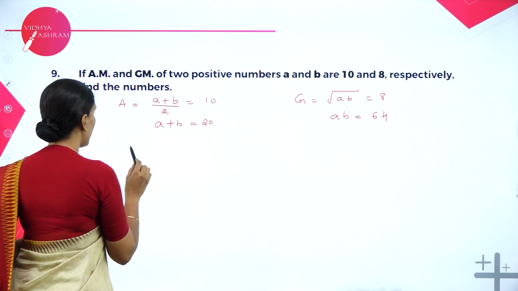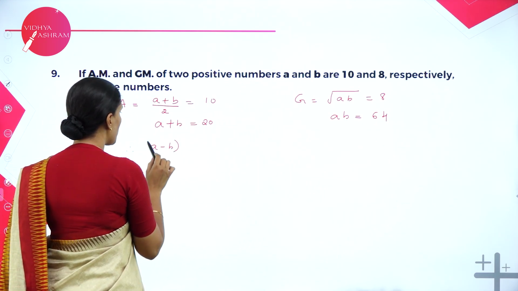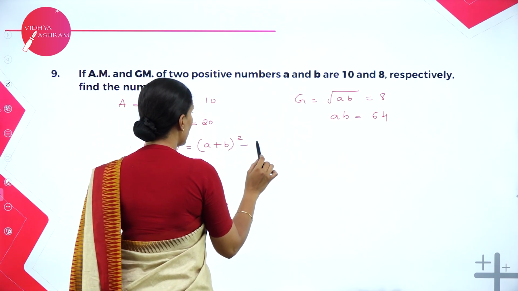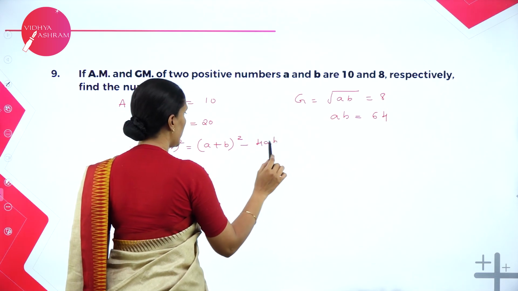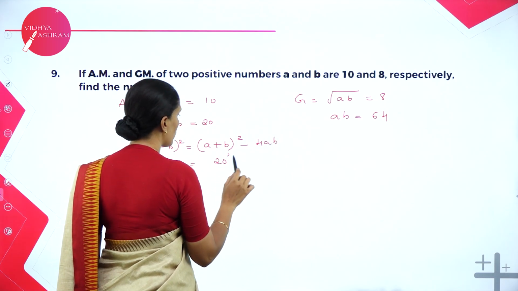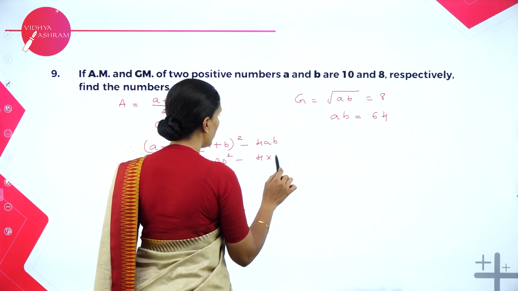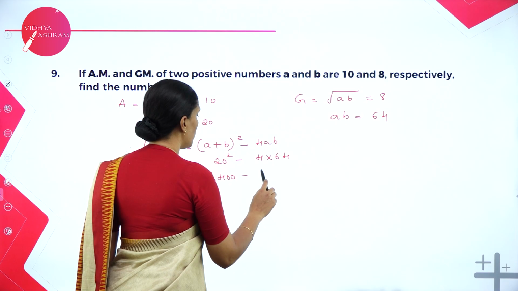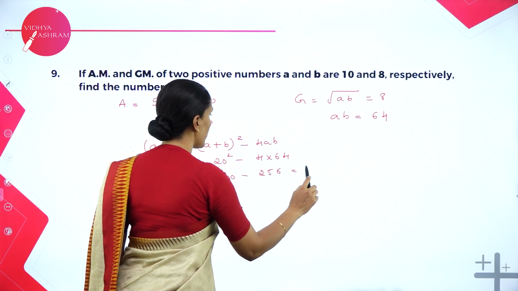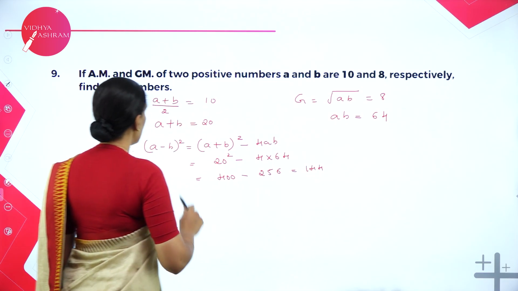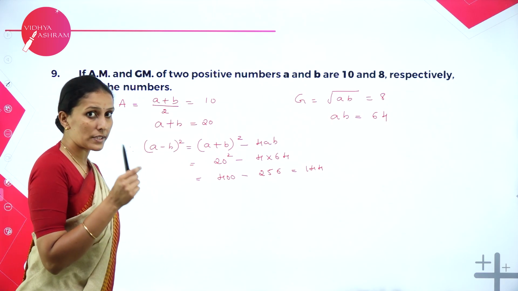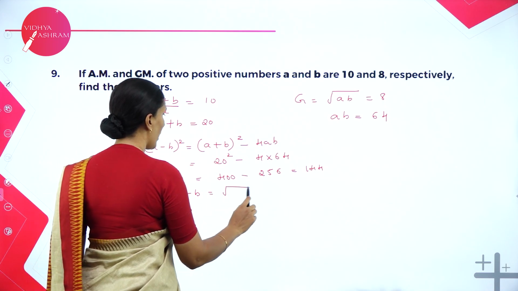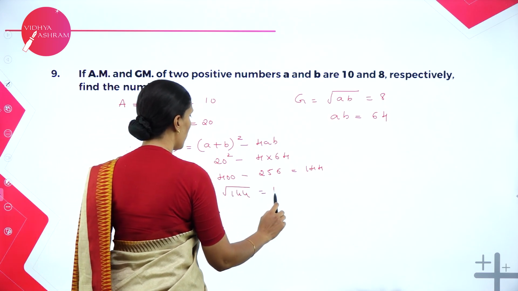We know the relation that A minus B whole square is equal to A plus B whole square minus 4AB. A plus B whole square is 20 square minus 4 into 64. So which is 400 minus 256, which is equal to 144. Since the numbers are positive, here A minus B will be equal to square root of 144, which is equal to 12.